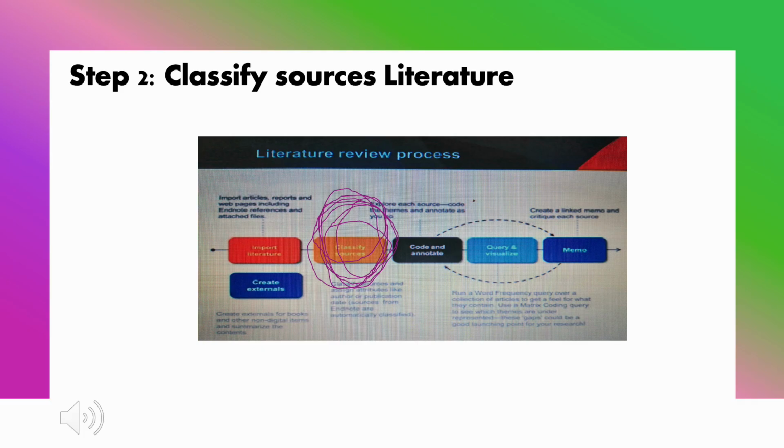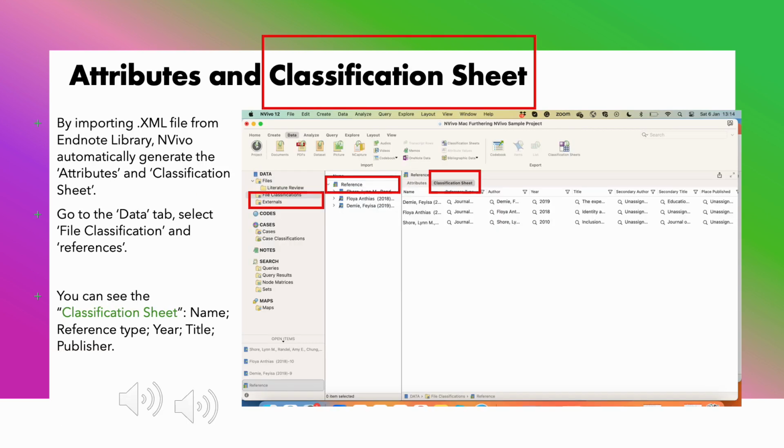We will now move on to step 2, which is classifying sources from literature. Here is an example of the reference classification sheet, which is automatically generated when we imported a library from EndNote.